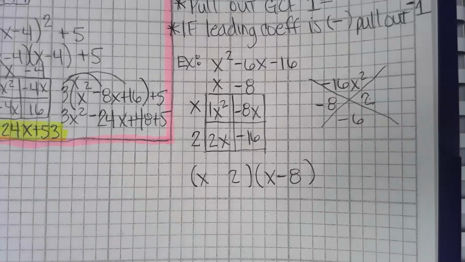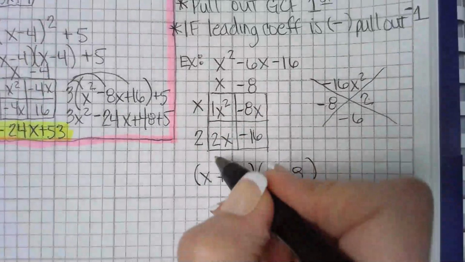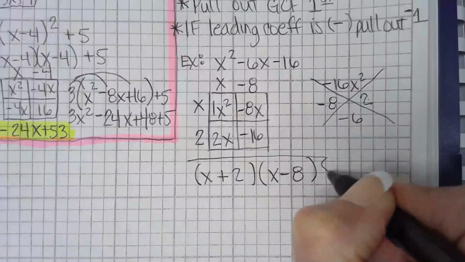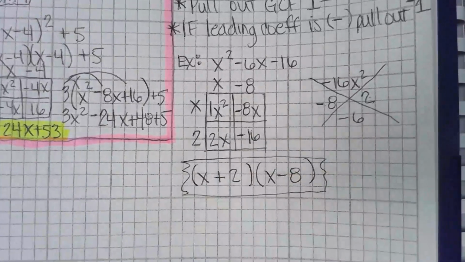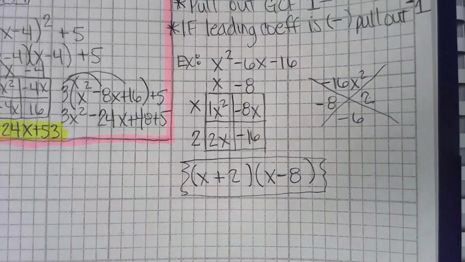You can even look here. My signs were different. My signs need to be different. Do you see how we already figured out which one was minus? Because it showed up twice. So if the signs need to be different, this is going to be plus. And there is your factored form.